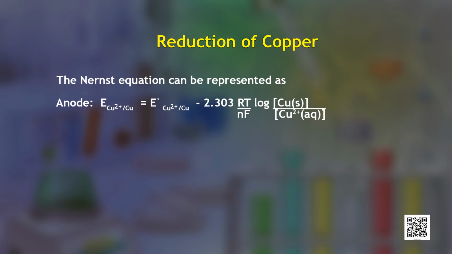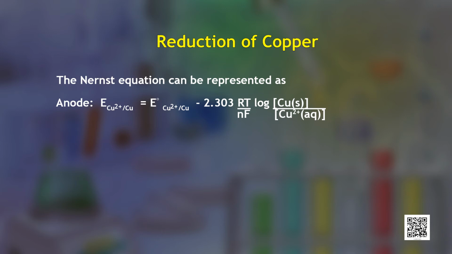We can substitute natural log with the log to base 10 term, and so we get the expression as cell potential for reduction of copper is equal to standard reduction potential for copper ions minus 2.303 RT upon nF log concentration of copper upon concentration of copper ions.